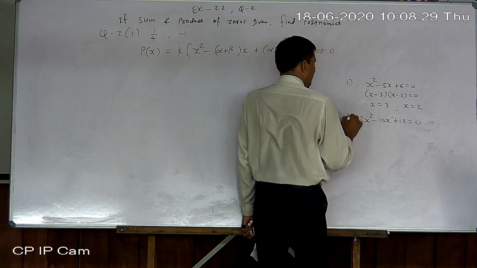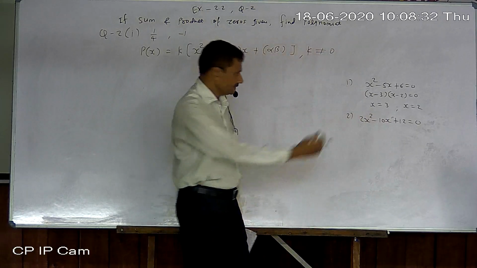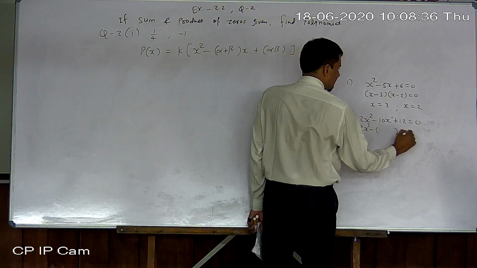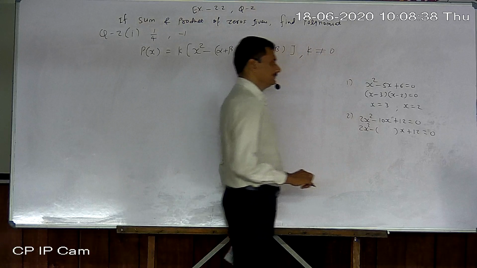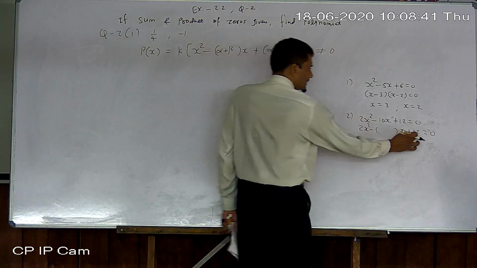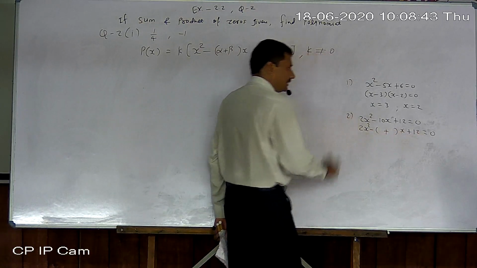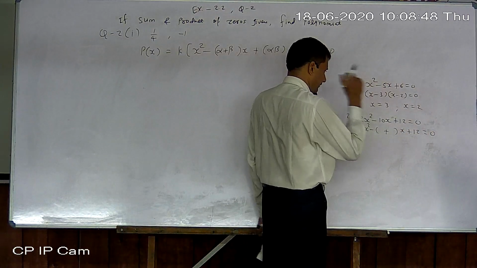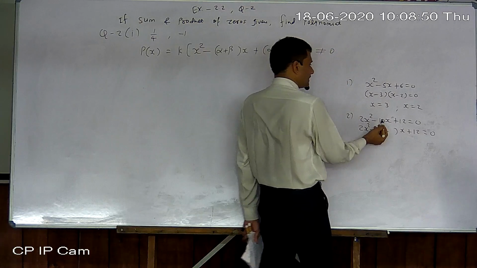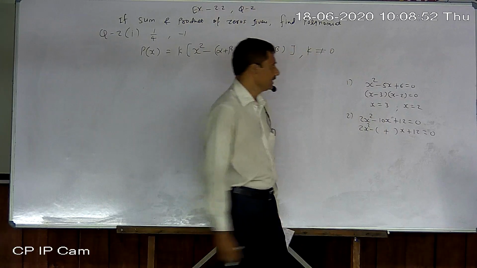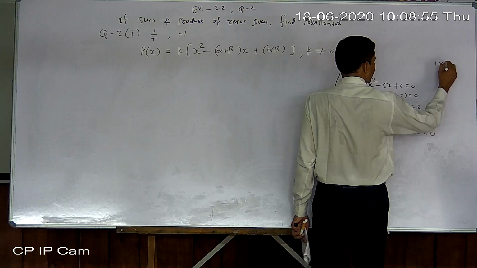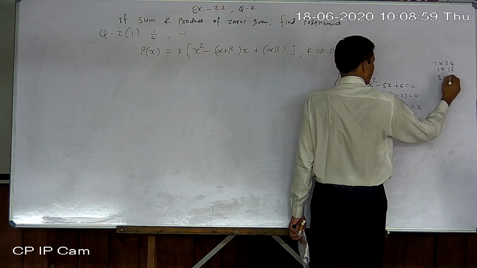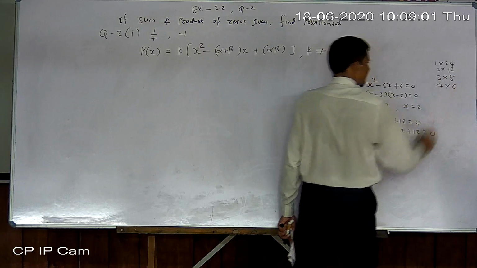Okay, then what happens? Now we try according to our method. 2x square minus 10x plus 12. Now look here, 2 into 12 is 24. So 24's two factors such that the sum becomes 10. I am writing the factors of 24 here: 2 into 12, then 3 into 8, then 4 into 6.